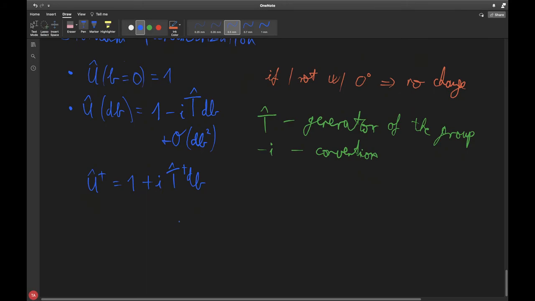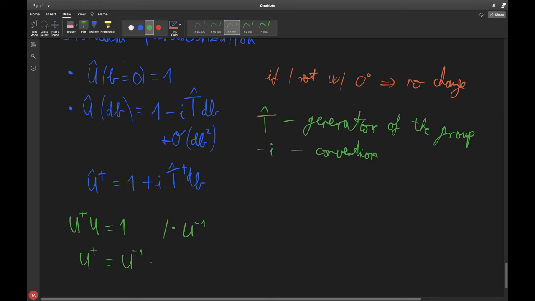So unitarity had this statement that U dagger U is the same as 1. If I multiply this with the inverse of U, then on the left side I just get U dagger, and on the right side I get U to the minus 1.